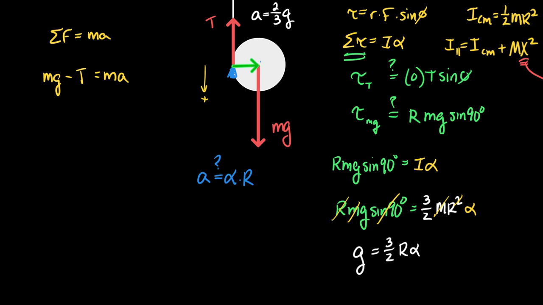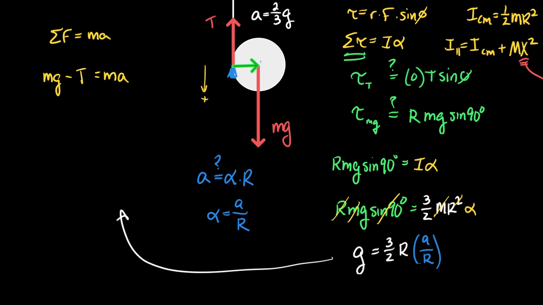Is the rate at which it's spinning related to the rate at which it's falling? Yeah. So I can plug that in. That seems like a good next step. R's cancel. Solving for a, I didn't even have to substitute. A equals 2/3 g. Looks like I never even needed that.